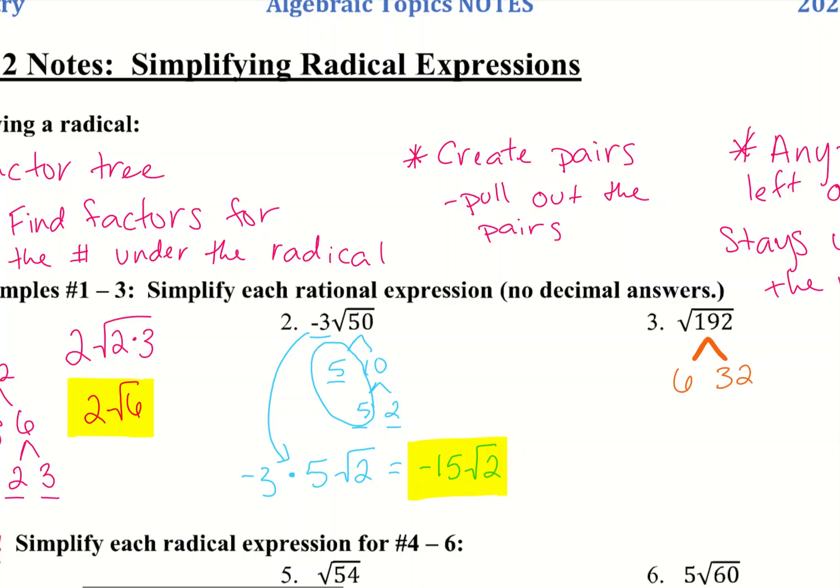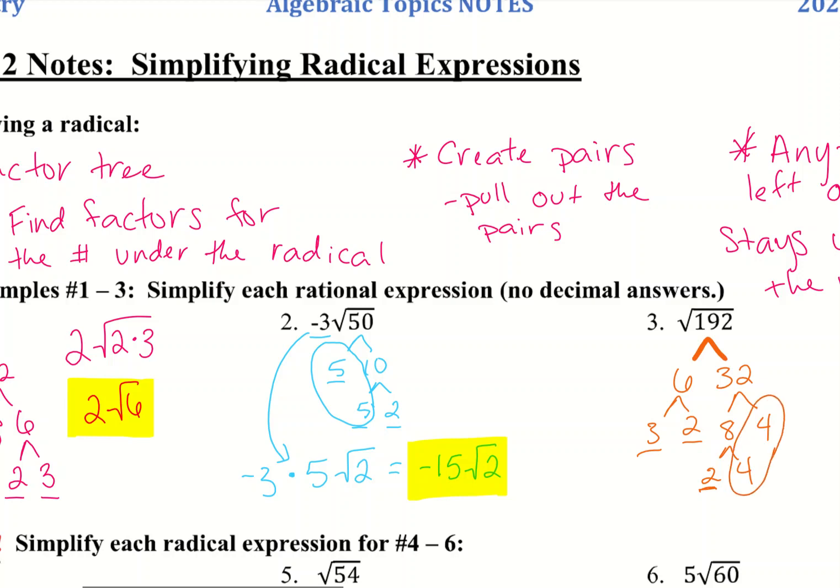So 6 and 32, 6 will go down to 3 and 2, and we can't simplify those anymore. And then 32 gives us 8 and 4. 8 goes down to 2 and 4.